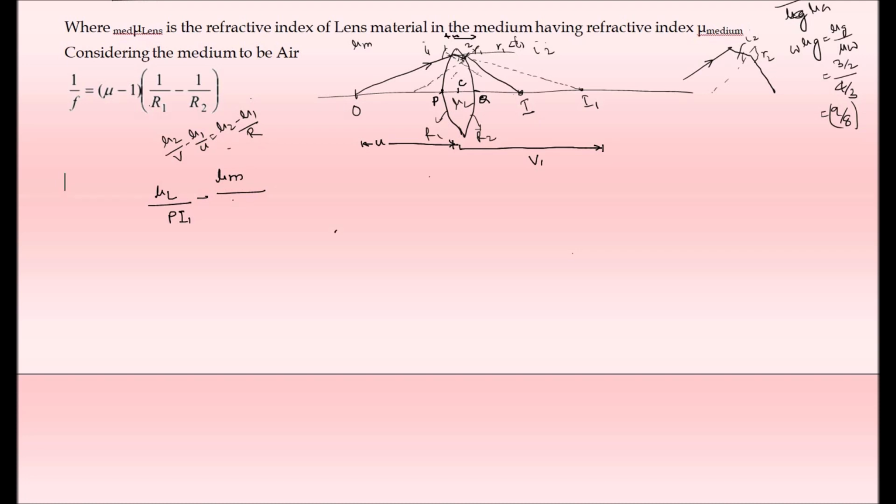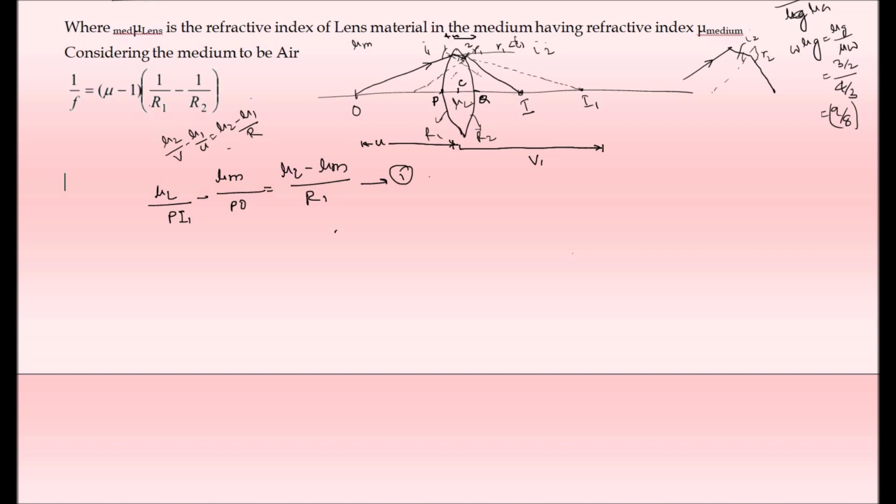So mu l by PI1 minus mu m by u, where u is equal to PO, is equal to mu l minus mu m divided by R1. R1 comes with a positive sign here. Just write this equation considering that there is no second surface. So if there is no second surface, then the image of this object would have formed at the point I1.